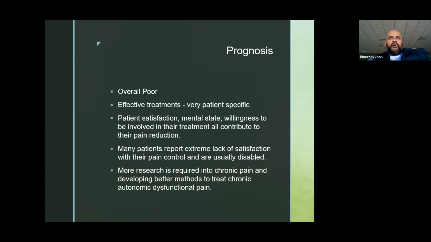Overall prognosis is poor. We still have to find that study, but I read somewhere that 1/3 of the patients actually get better on their own. 1/3 continues to have slow, progressive recurrence and remission of their symptoms.